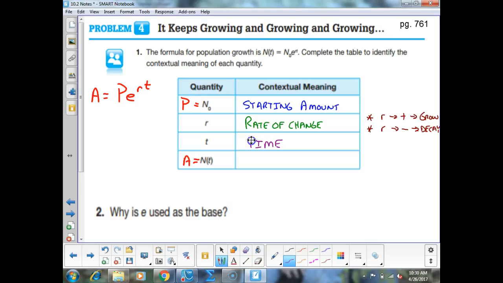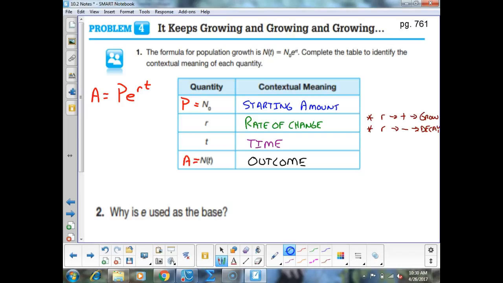If it's 1 minute for a decay of a piece of paper, then your time is in minutes. If it's years, it's years. It doesn't matter what time frame you are. It's whatever your problem is based off of. And then this last one is your outcome, what you're looking for.